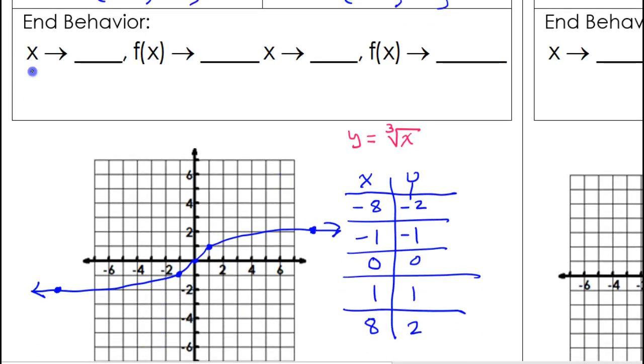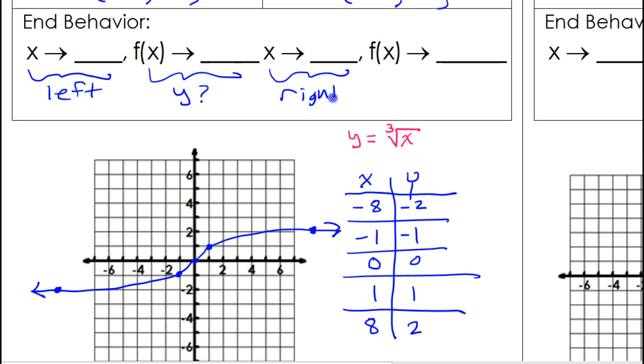End behavior. As usual, this means as we go to the left, what happens to the y values, and this means as we go to the right, what happens to the y values. So as we go to the left, the graph is falling, falling, falling.